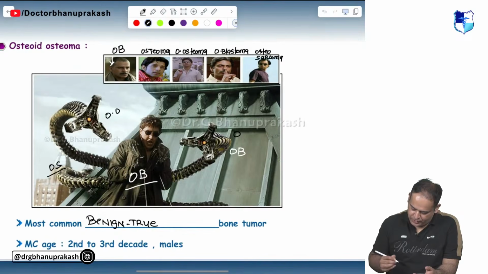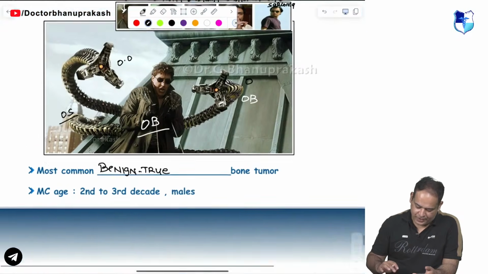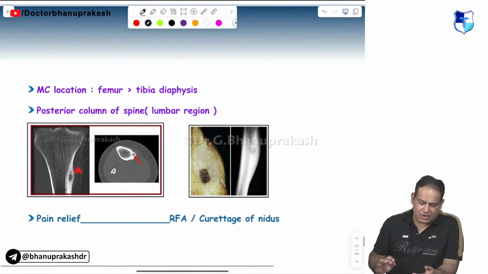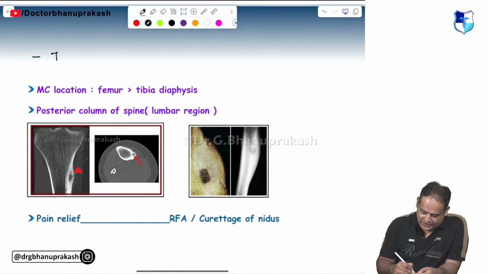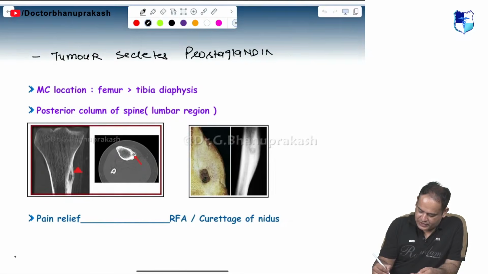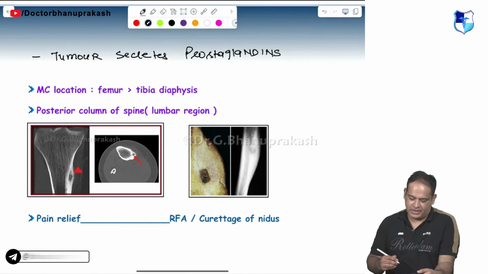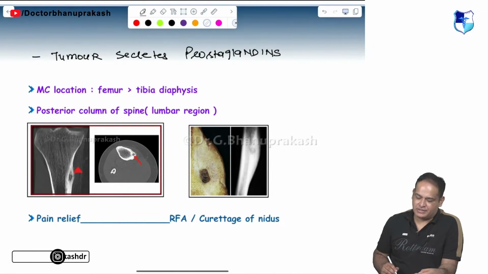Now, osteoid osteoma, it is the most common benign true bone tumor, fine. Now, it is not because of NSAIDs, but the problem is that the tumor secretes prostaglandins, right?